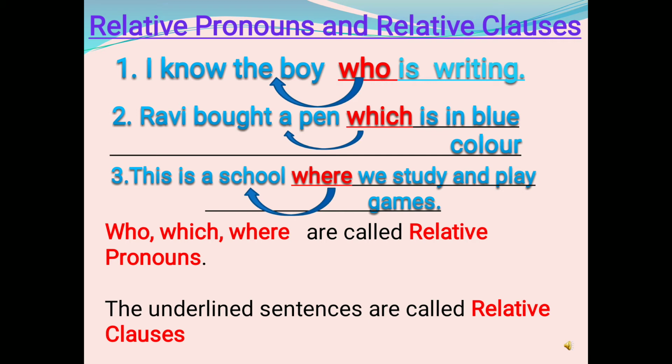In the second sentence, Ravi bought a pen which is in blue color, the word which is relative pronoun, and the underlined sentence which is in blue color is relative clause. Likewise, who, which, where are called relative pronouns, and the underlined sentences are called relative clauses. Have you understood?